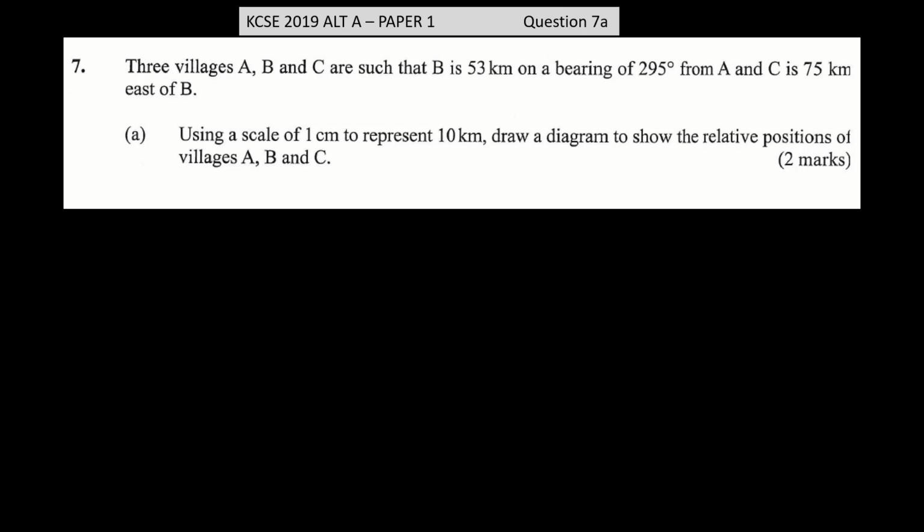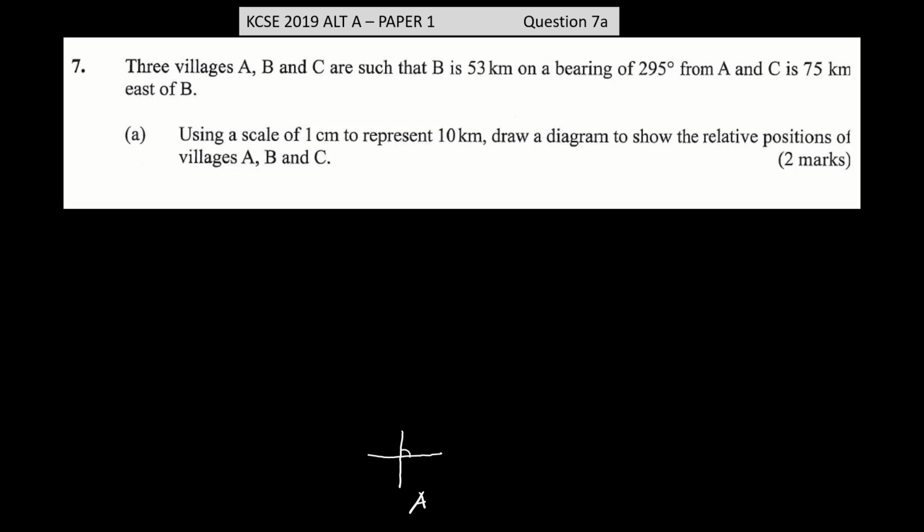The question states 3 villages A, B, and C are such that B is 53 km on a bearing of 295 degrees from A. Since the bearing is from A, we start our coordinates from A. So if you have point A here with the 4 cardinal points, this is point A. And they said B is 53 km on a bearing of 295.